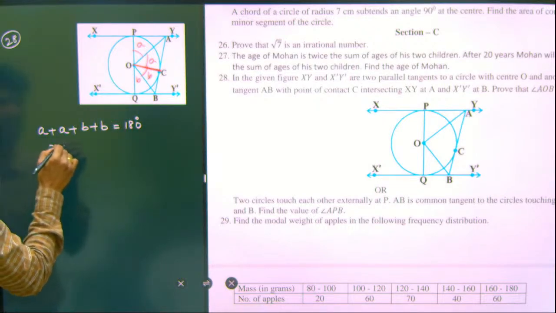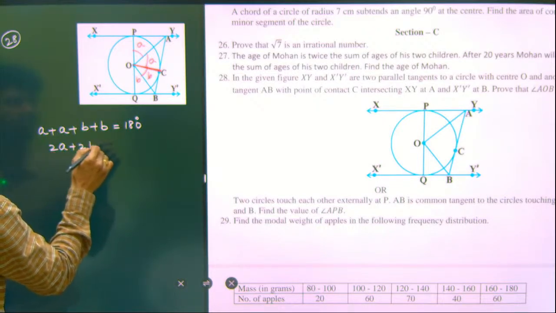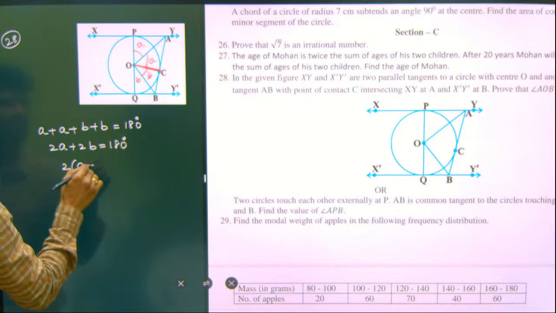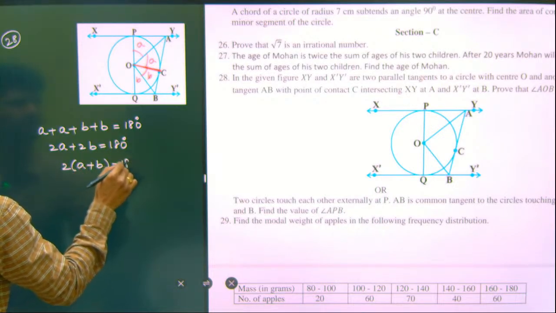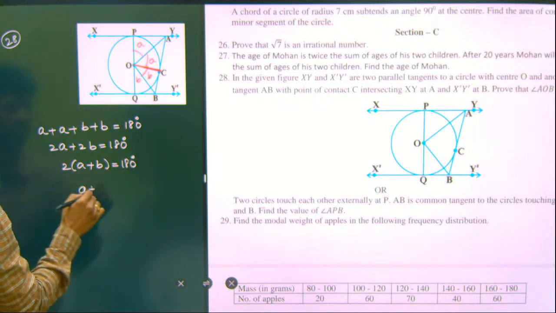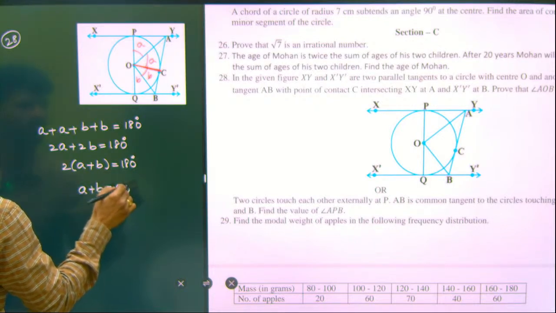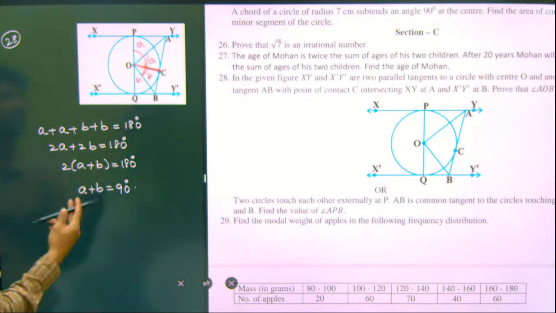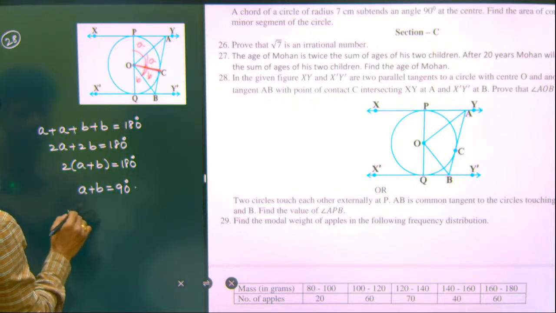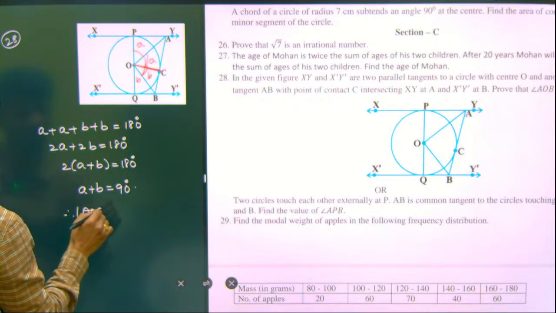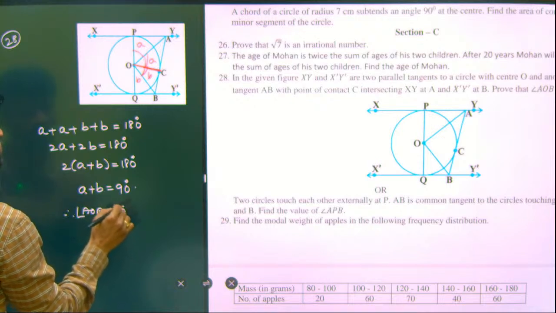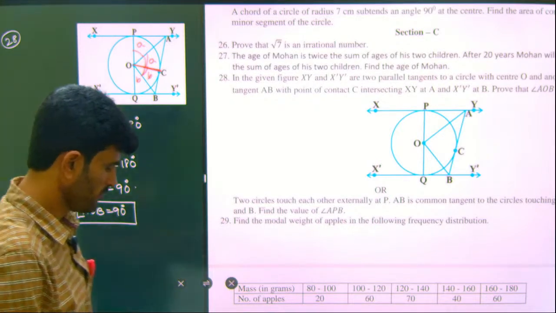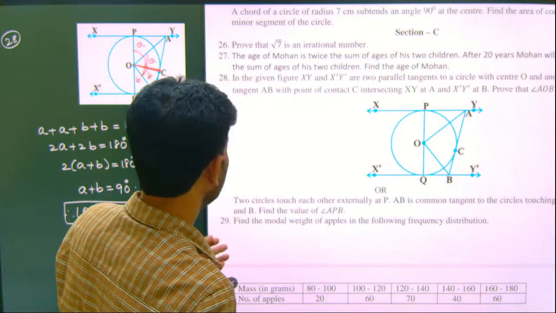Then 2A plus 2B is equal to 180 degrees. 2 common, A plus B is equal to 180 by 2, 90 degrees. A plus B is nothing but what? A plus B is angle AOB. Therefore, angle AOB is equal to 90 degrees. Hope you remember this method. We have practiced many times.